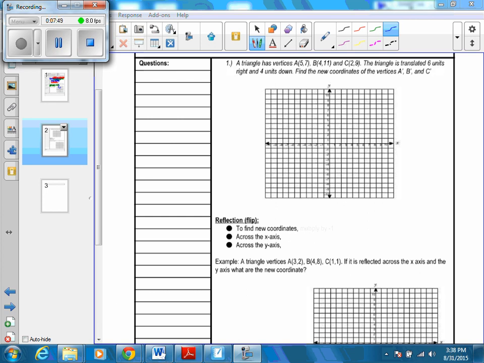So first, let's go ahead and plot those points A, B, and C. For point A, I have 5, 7. All right, that's point A. All right, point B is 4, 11.